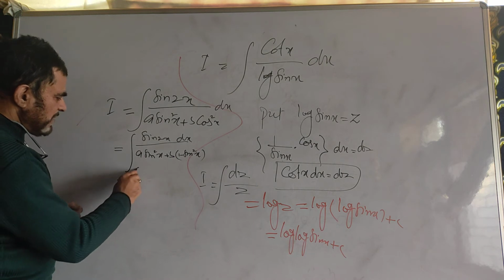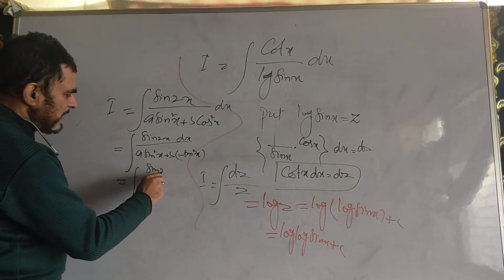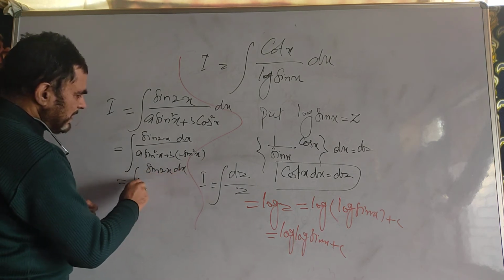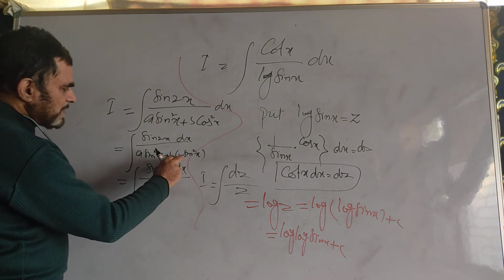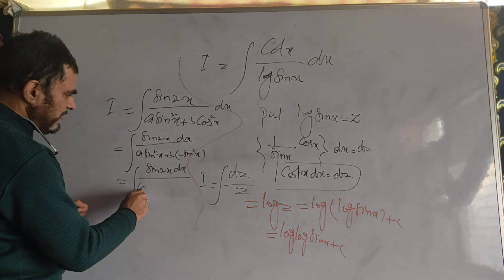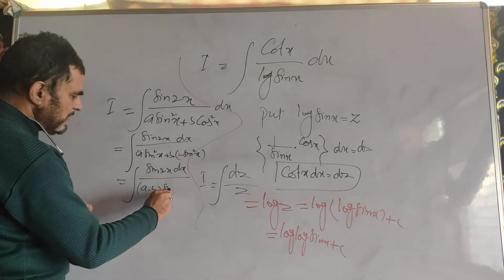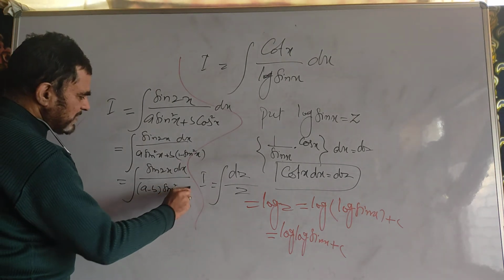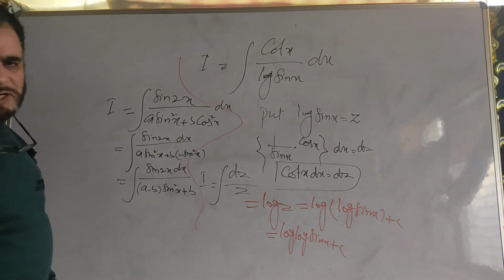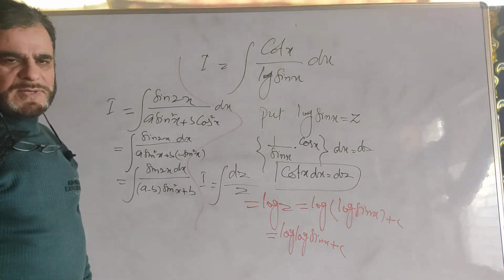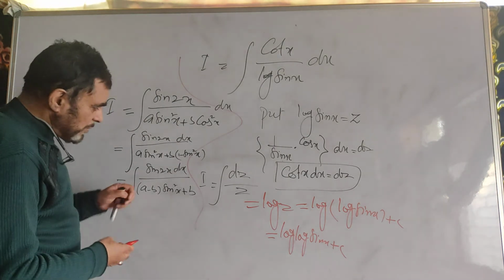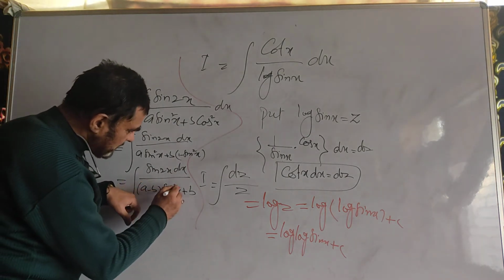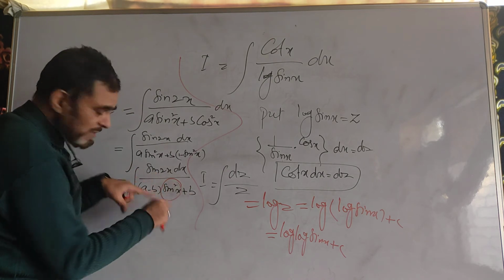On simplification this gives sin 2x dx over a minus b times sin square x plus b. Or you can also write it in terms of cos square, no problem. Now the suitable substitution is to put sin square x equal to t.